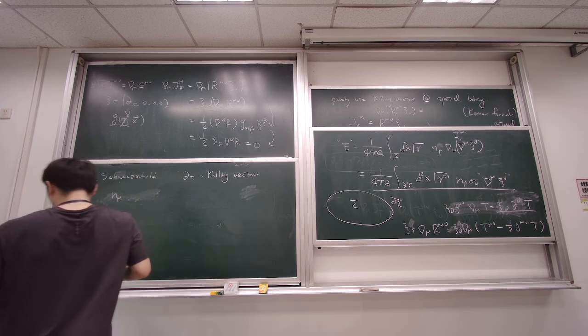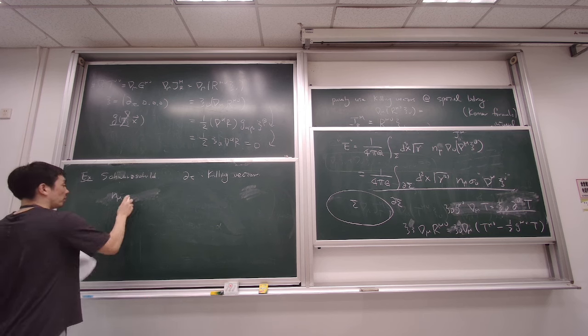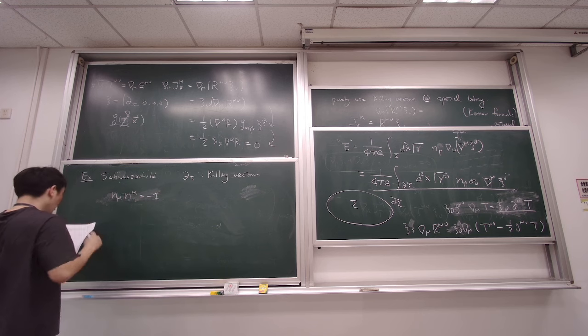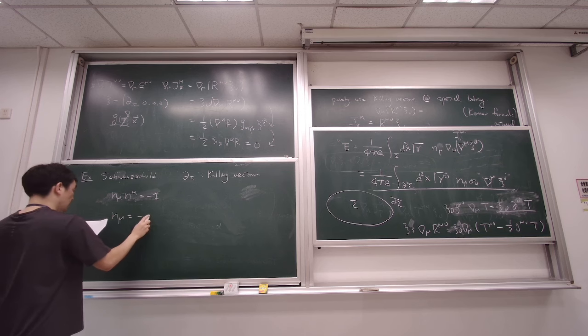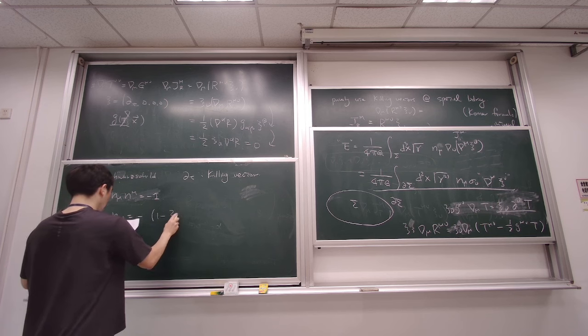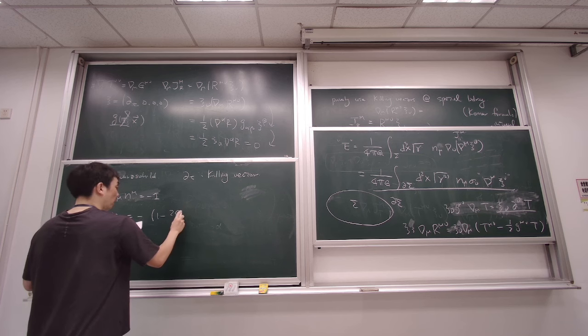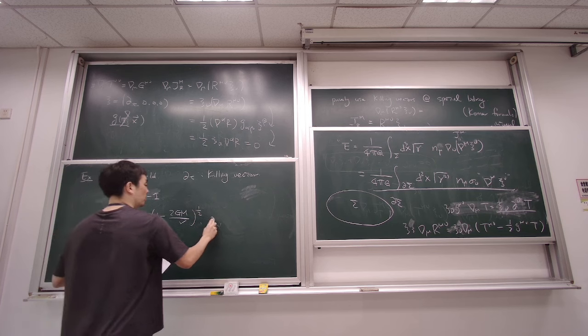And then for the normal vector, you can choose the orthonormal frame this way, so that n mu is something like 1 over the square root of 1 minus 2GM over r, 0, 0, 0.